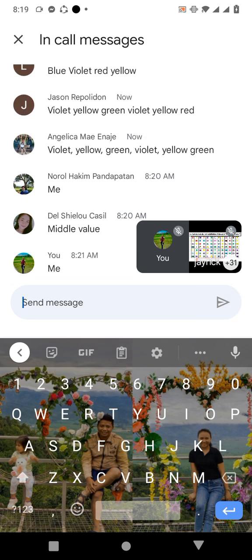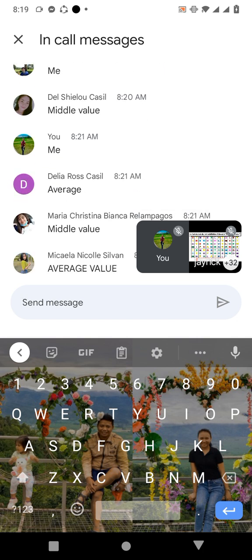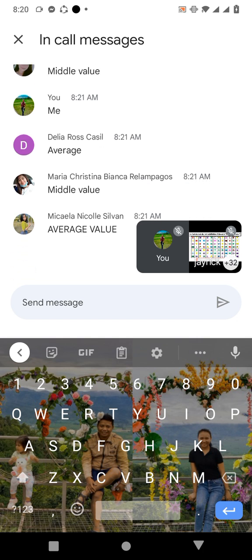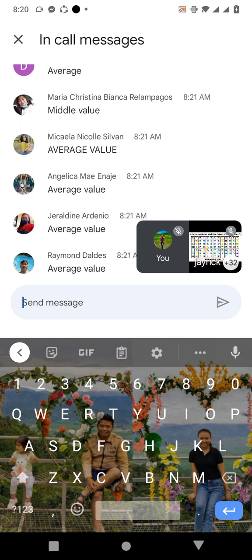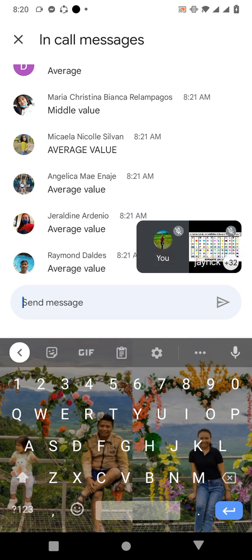According to Ma'am Delia Rose Castle, average. Very good. The correct answer, according to Ma'am Micaela Nicole Silvan, is average value. Now, what color does each of the letters of the words average value have?